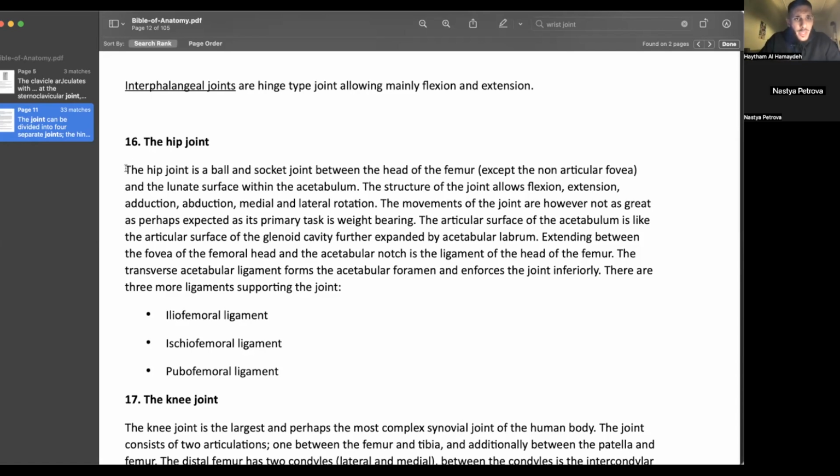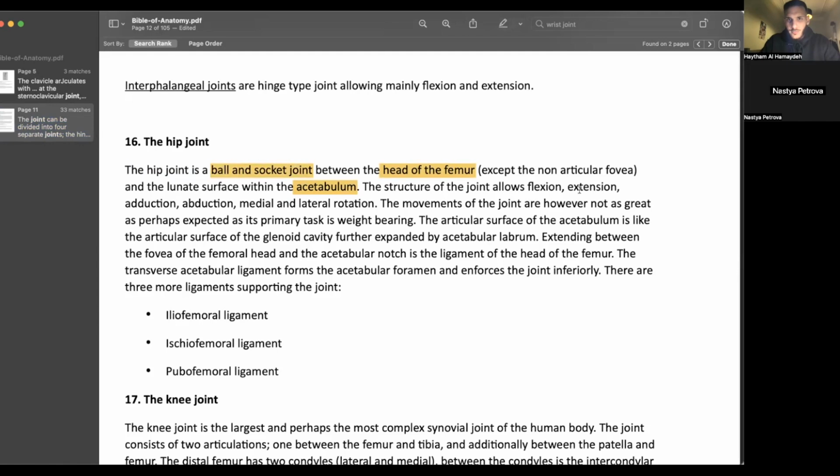Here the hip joint is a ball and socket joint, as we know, because the head of the femur is the ball and the socket is the acetabulum. Here, head of femur and acetabulum. These are the parts, and the joint type is ball and socket joint.